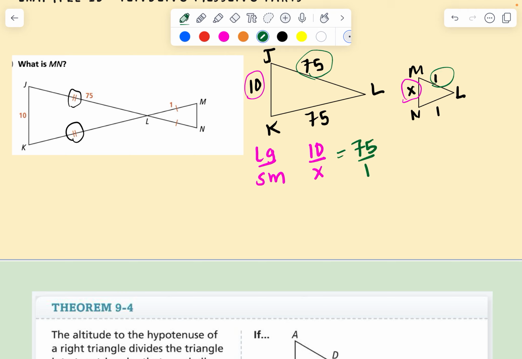So equals 75 over 1. And then solving this, 75 times X is 75X equals 10 times 1 is 10, and dividing both sides by 75, we would get that as a simplified fraction.